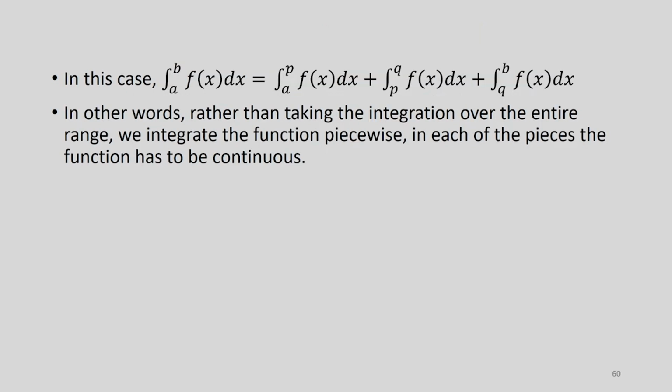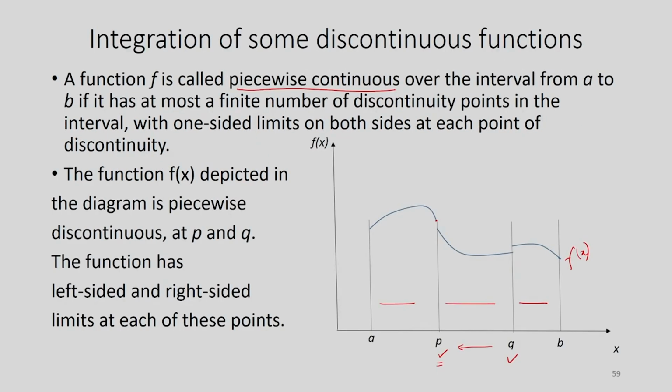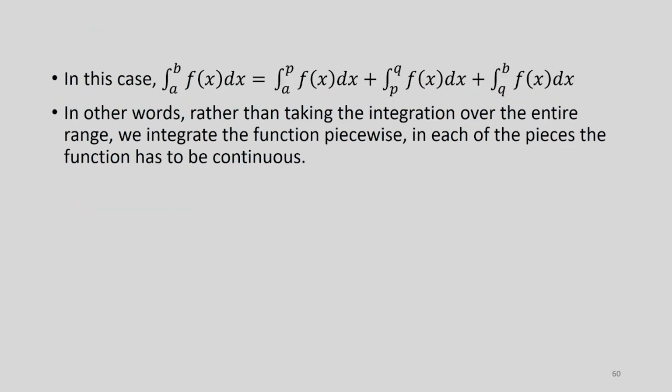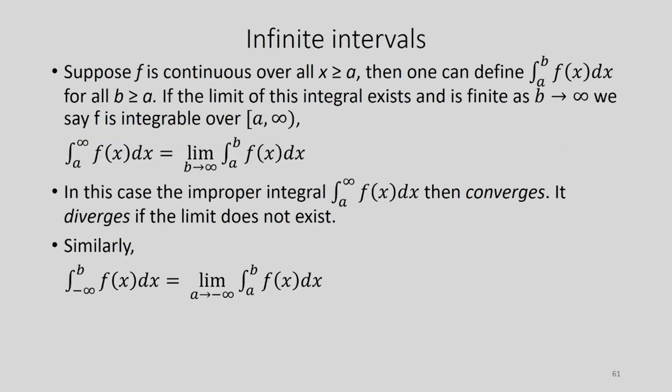In other words, rather than taking the integration over the entire range, we integrate the function piecewise. In each of the pieces, the function has to be continuous. Yes, that is satisfied, because between P and Q there is no point where the function is not continuous. So, it is continuous, and therefore, I can take the integration of the whole range as the summation of three parts.